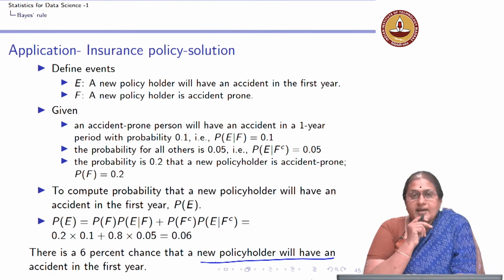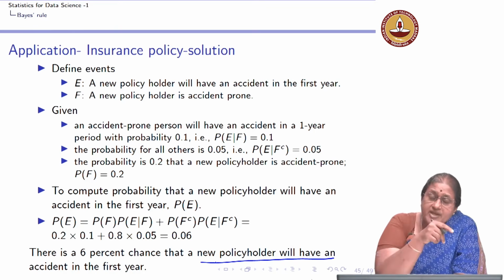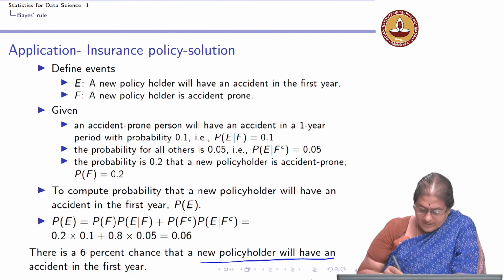Now, I go back and I see that a policy holder has had an accident in the first year. This is the new information we have. Now, I might be interested in knowing, given this information that a policy holder has had an accident in the first year, did he come originally from the accident prone class or the non-accident prone class?